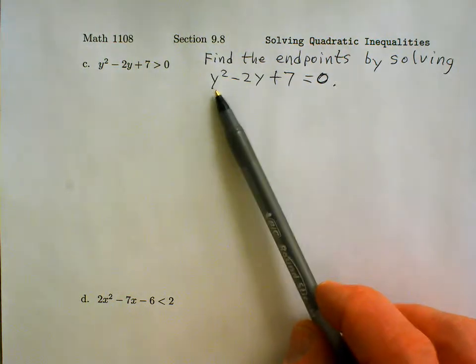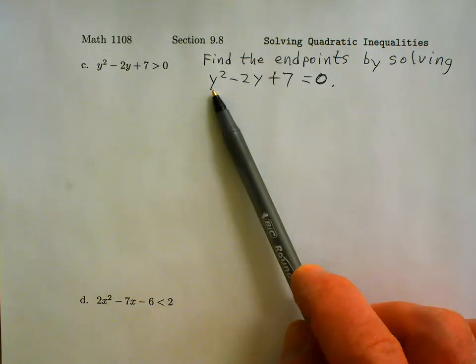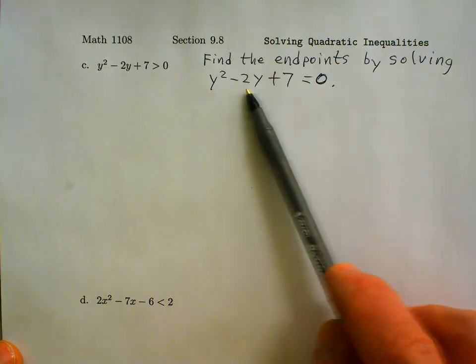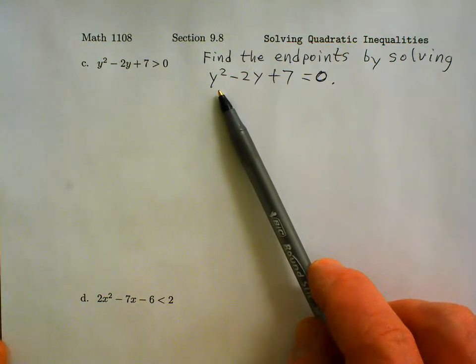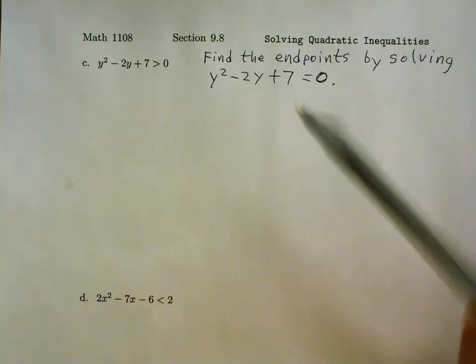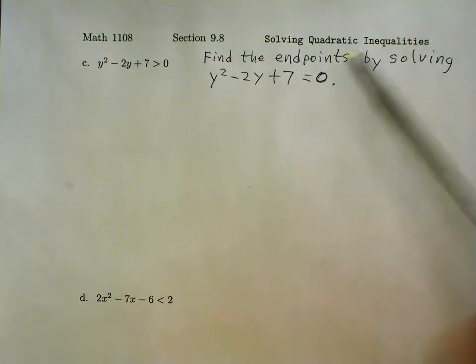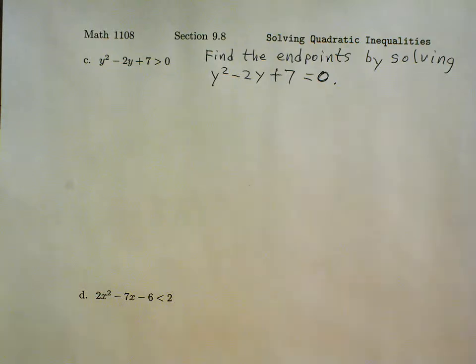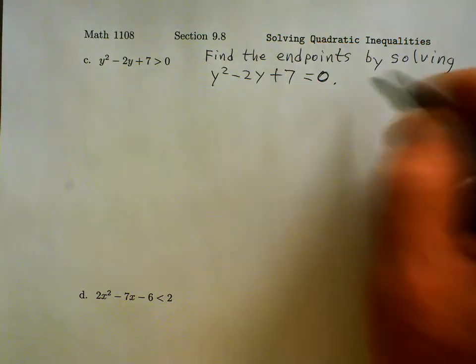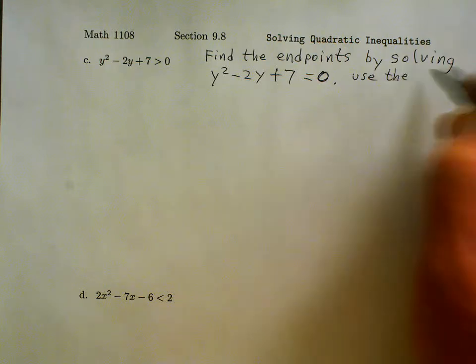Even though every polynomial is factorable, this polynomial, y squared minus 2y plus 7, cannot be factored with integer coefficients. So we'll just use the quadratic formula to solve. So use the quadratic formula.